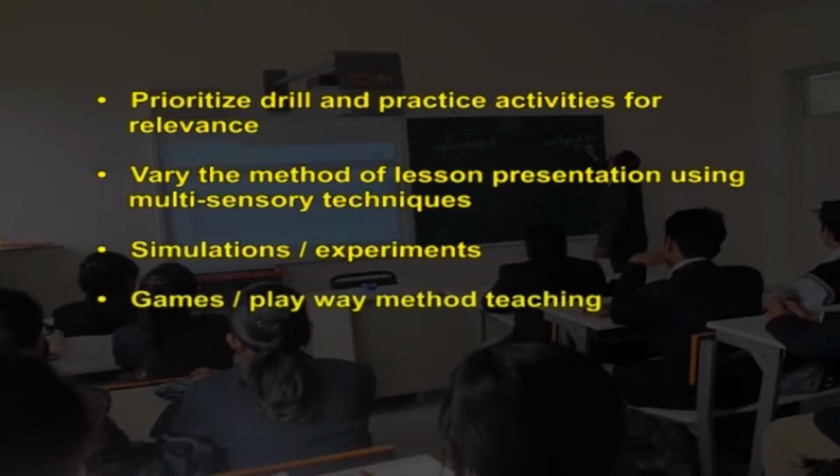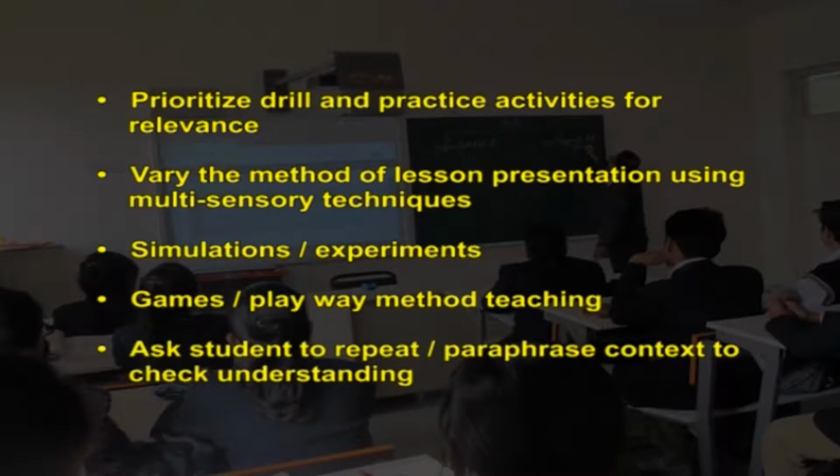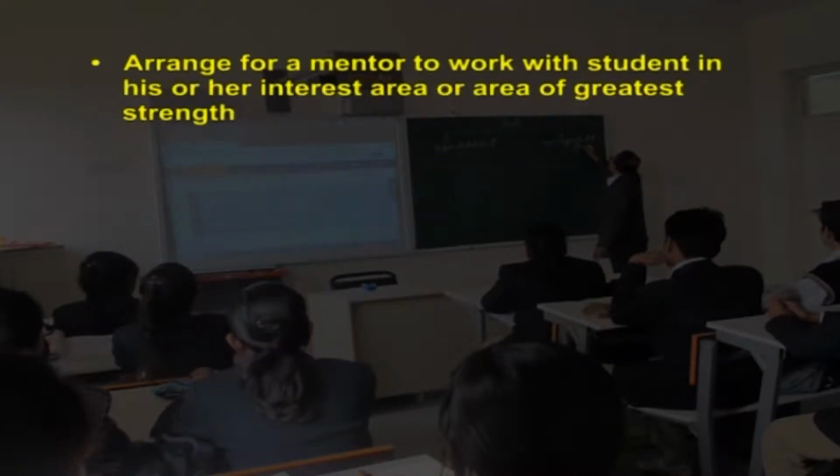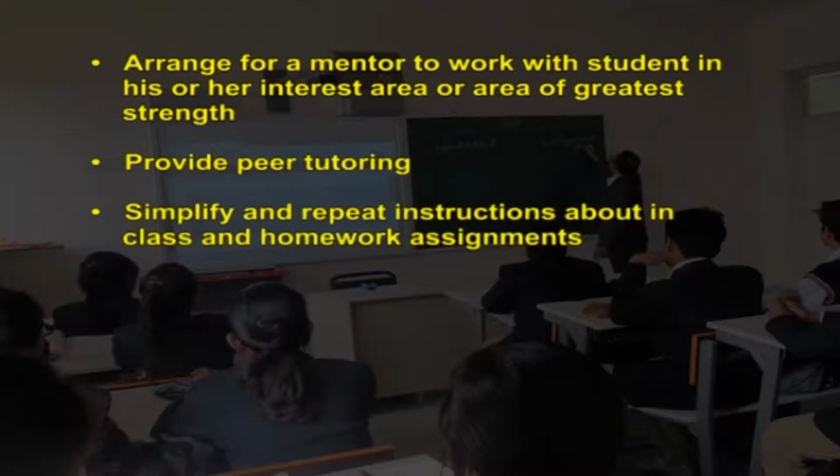Games, playway method teaching. Ask student to repeat or paraphrase content to check understanding. Arrange for a mentor to work with student in his or her interest area of greatest strength. Provide peer tutoring. Simplify and repeat instructions about in class and homework assignments.